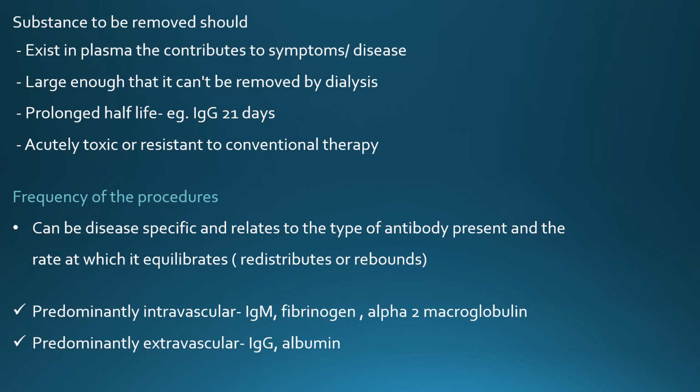It should be acutely toxic or resistant to conventional therapy, only then will you go with plasmapheresis. The frequency of the procedure can be disease specific, or it relates to the type of antibody present and the rate at which it equilibrates. Predominantly in the intravascular compartment we see IgM, fibrinogen, and alpha 2 macromolecules, whereas in the extravascular compartment we see IgG and albumin.